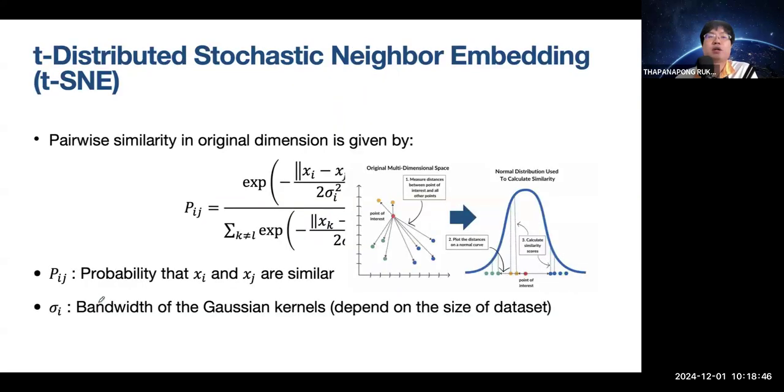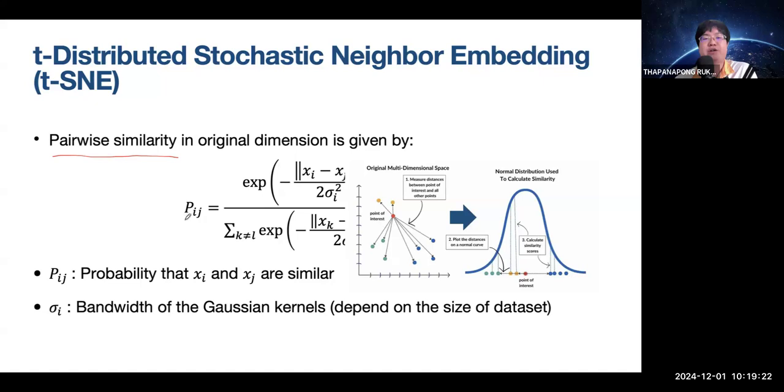So let's start with t-SNE. The full name is t-distributed stochastic neighbor embedding, so it's an embedding method. I will fix this slide later, but it's actually just the Gaussian kernel. In t-SNE, we define pairwise similarity.